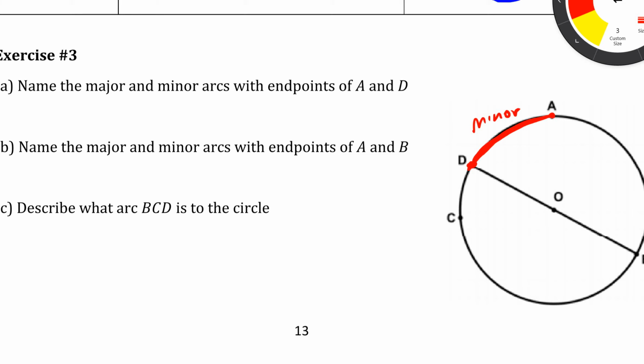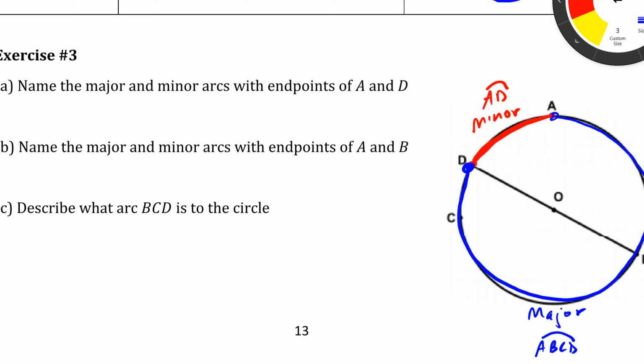Then I can have a major arc start at A and go all the way around to D. This would be called a major arc, and I would name that A, B, C, D. And I would name this minor arc just A, D.